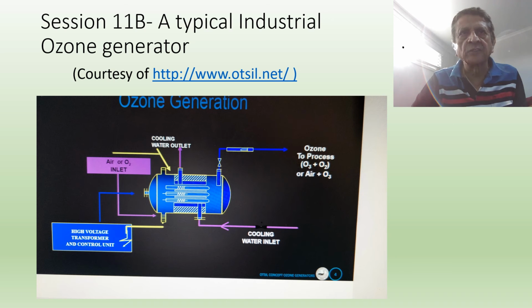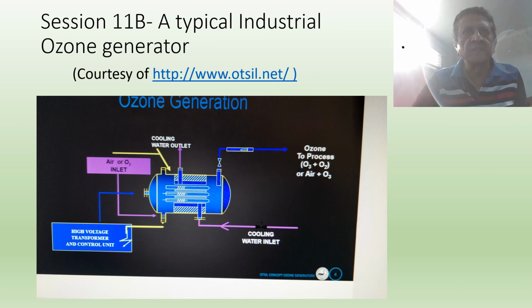Then you have an outside cooling jacket which cools the heat produced during the ozone production. The cooling water goes in one end and comes out from the other end. The high voltage is applied, goes straight to the electrodes.